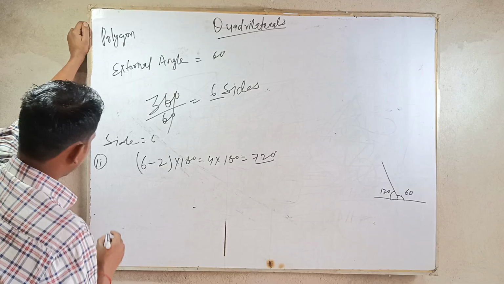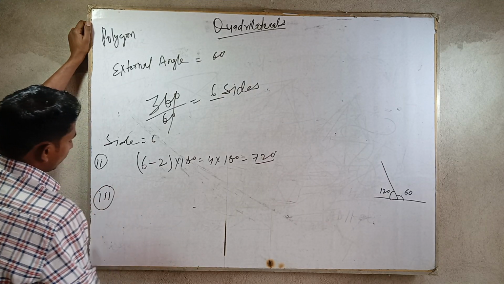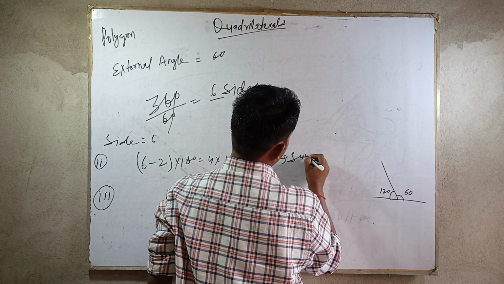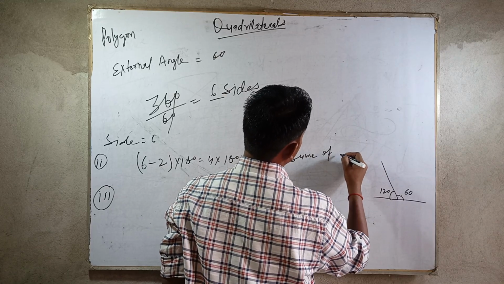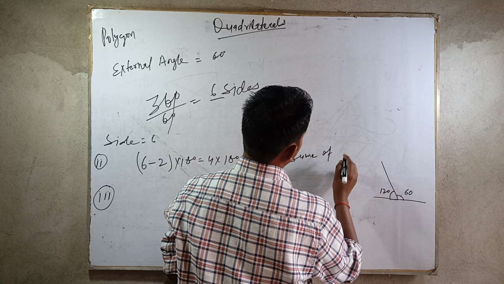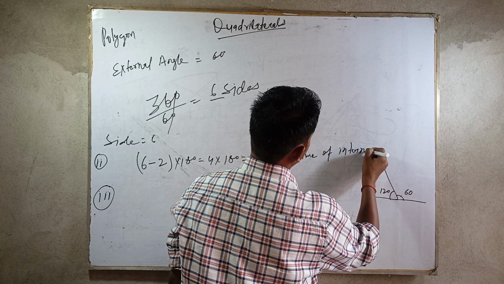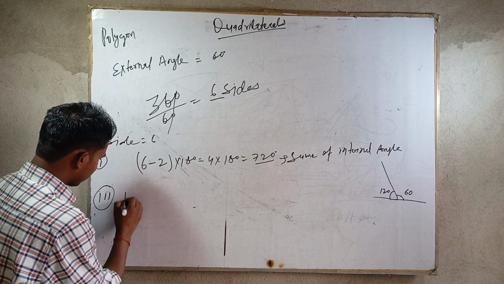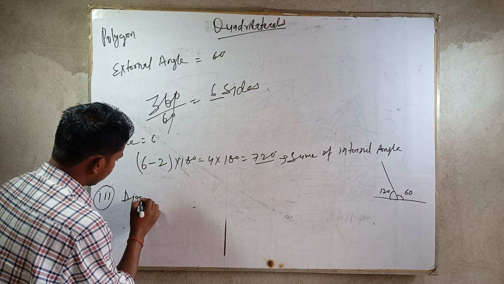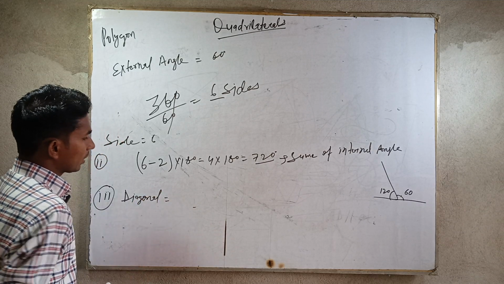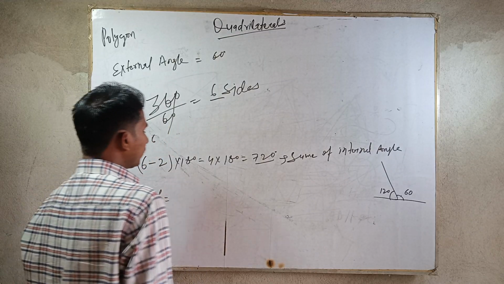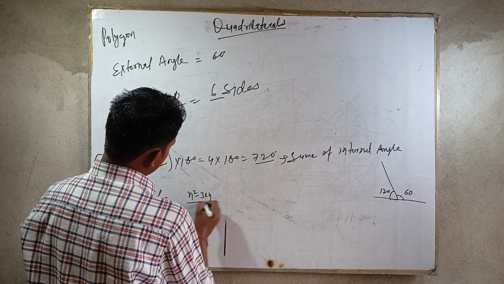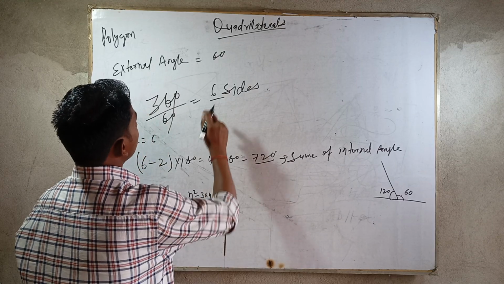Next is the diagonal. How do I find the diagonal? I know the formula is n squared minus 3 cross n, divided by 2, and the polygon is given with 6 sides.